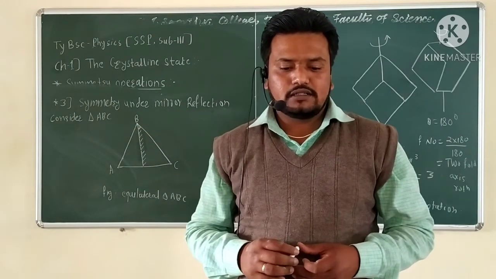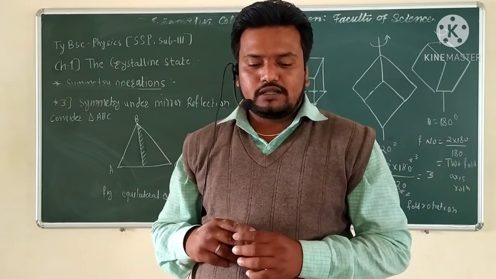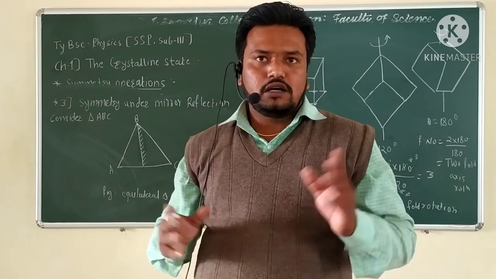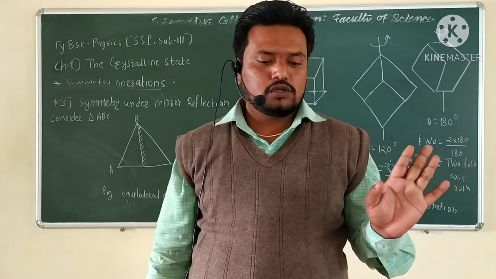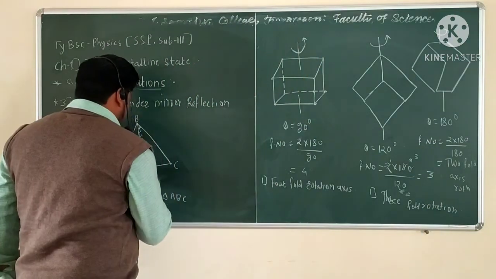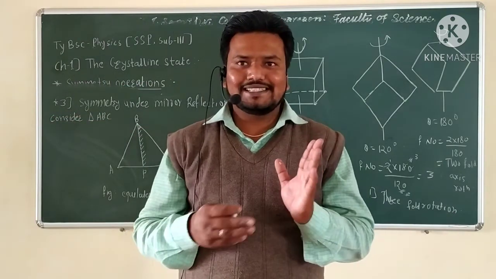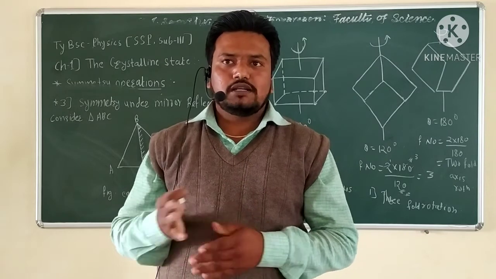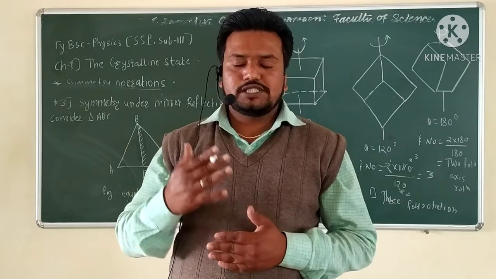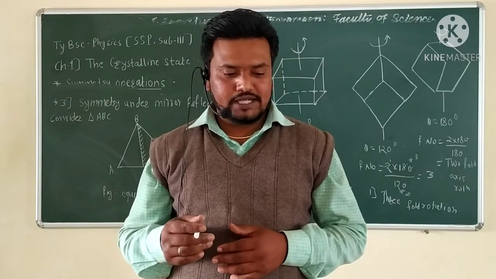Consider that equilateral triangle ABC shown in the figure, and we fold the figure about the line perpendicular to the altitude, and see that the points exactly coincide with the original or half of the points. So this is known as the symmetry under the mirror reflection.